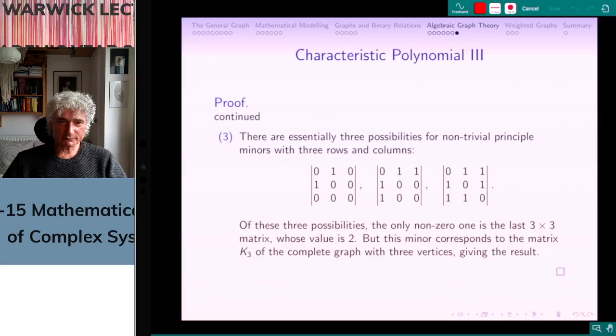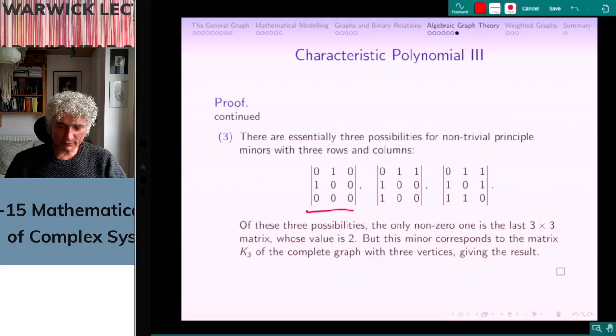Now let's go to the triangles. The triangles are associated with minors which are 3 times 3 submatrices, so 3 columns, 3 rows, and the combinatorial possibilities where you add a triangle to the summation.